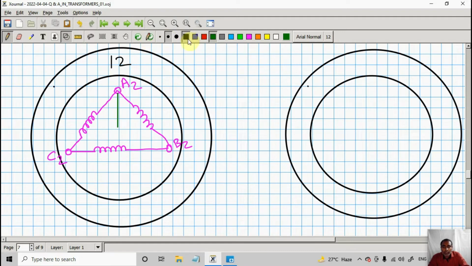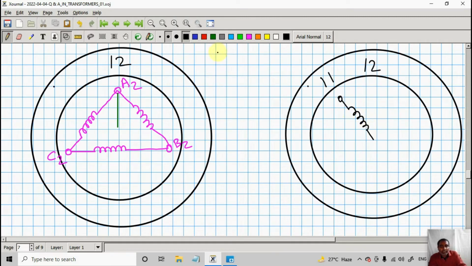If I write the dial of the clock like this, this is 12, this is 11. So phase A LV side will be pointing towards 11 like this.